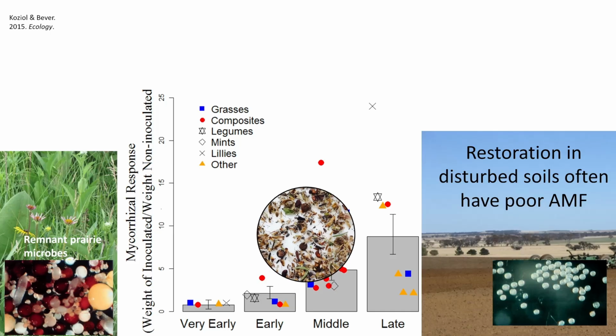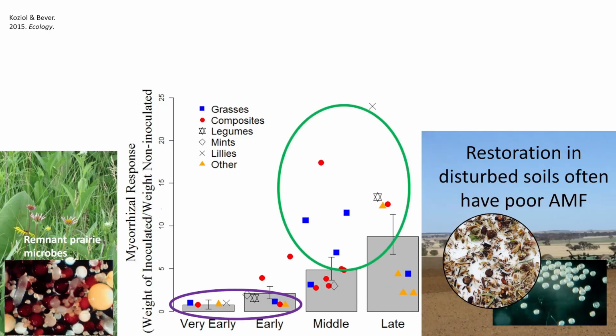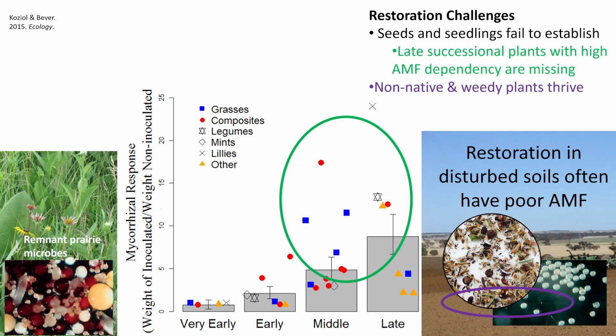What we would expect to happen if we throw those seeds out there is that the plants that don't care about fungi would establish really well, and the ones that are really dependent on their native prairie AMF would be limited and not be able to establish. That's what we see when we think about the challenges in restoration. A lot of these late successional plants really have trouble reestablishing in our prairies. So the goal for a lot of my work is to figure out how to get these guys back into our restorations.